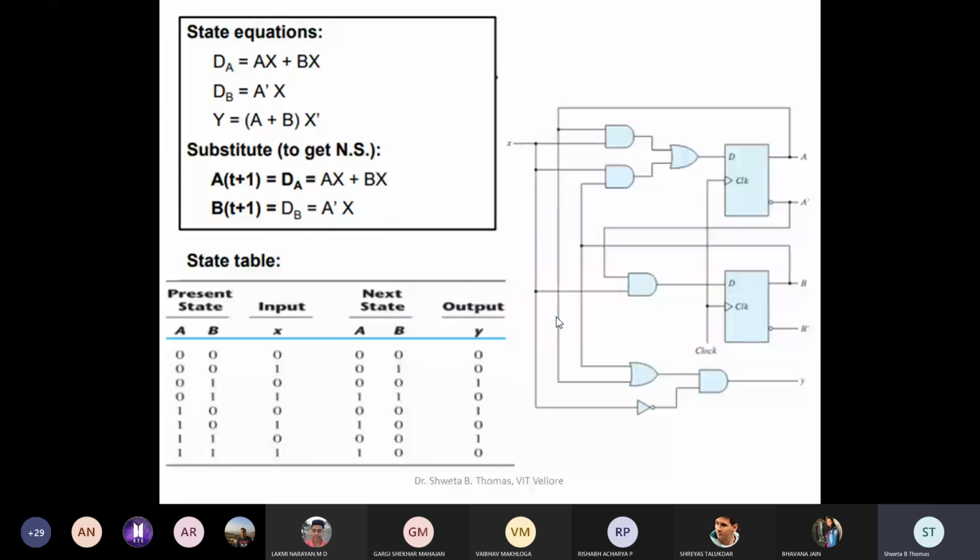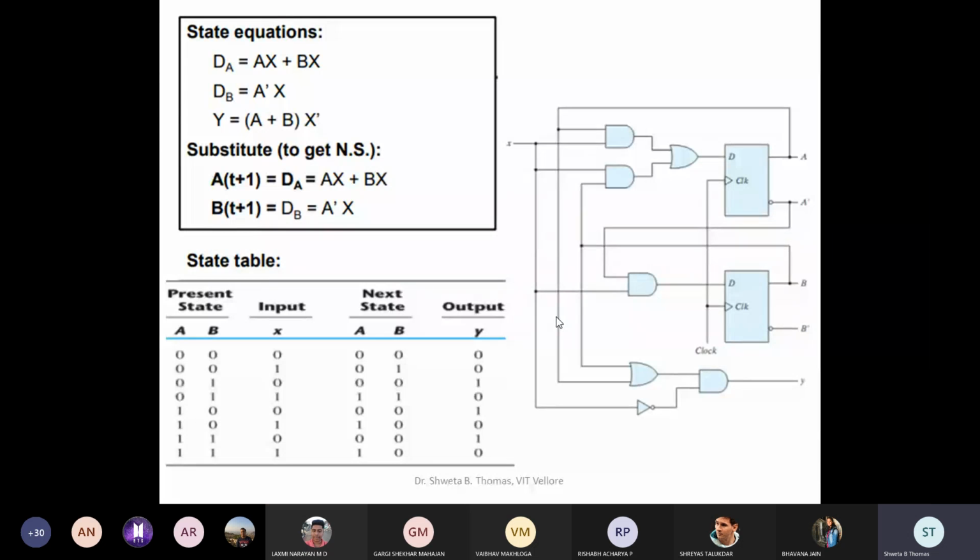Here I am describing the upper flip-flop input as DA and the lower flip-flop input as DB, and the output is Y. From the diagram itself, you can see DA is a combination of 2 AND gates and 1 OR gate. Just see the diagram on the right side.